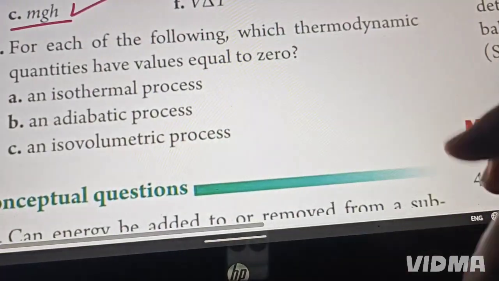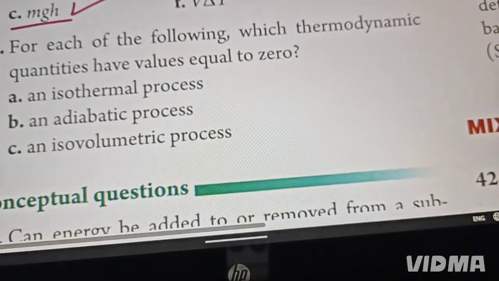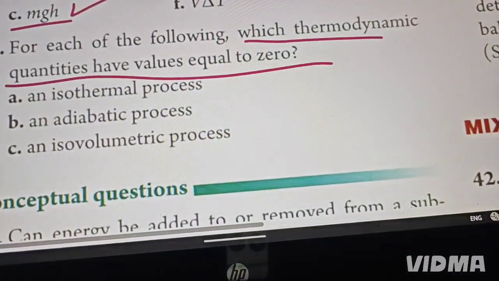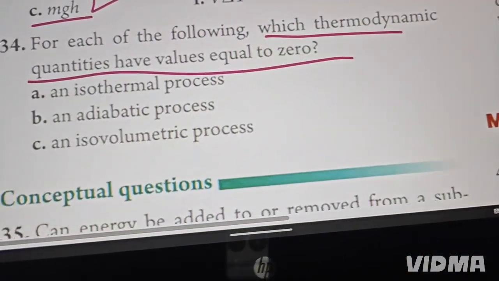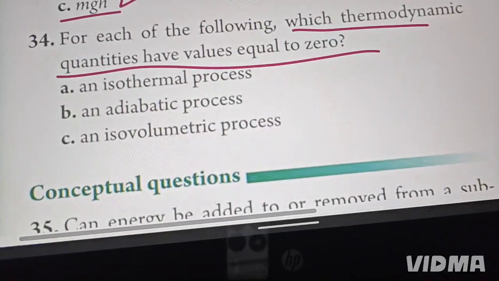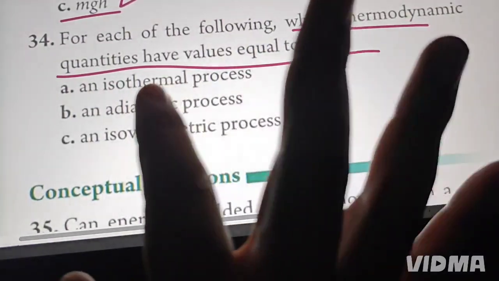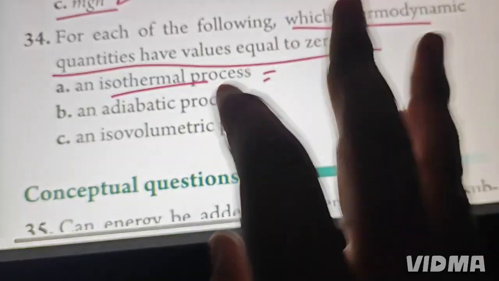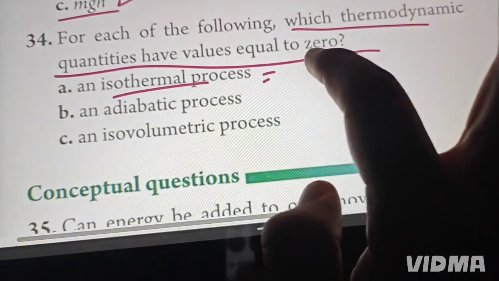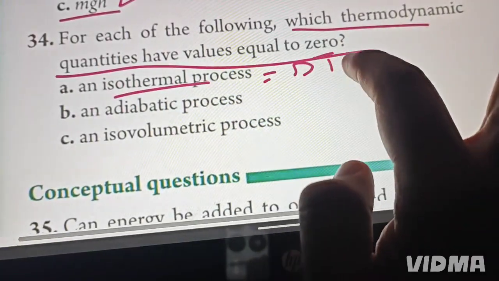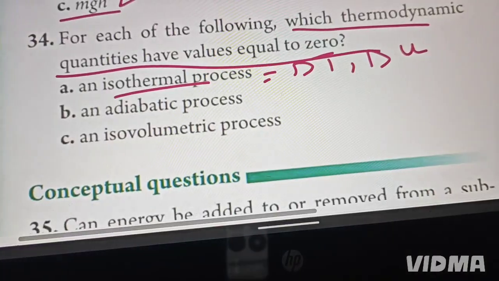Question 34 is important too. For each of the following, which thermodynamic quantity has a value equal to 0? Which quantity for each one is equal to 0? First of all, in isothermal, we said delta T and delta U equal 0, if you remember.